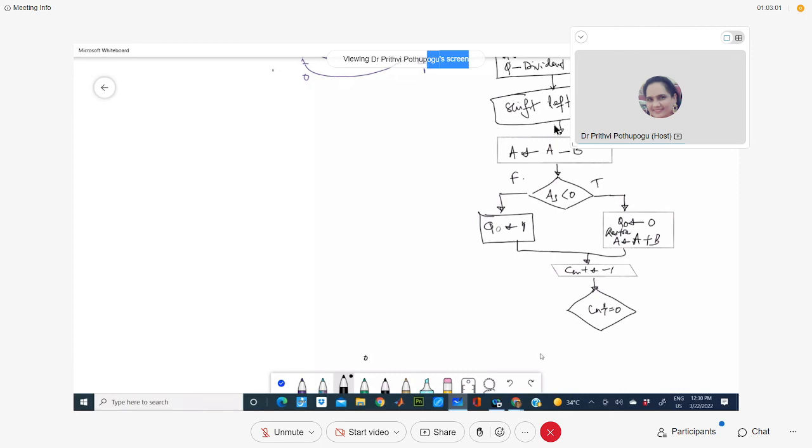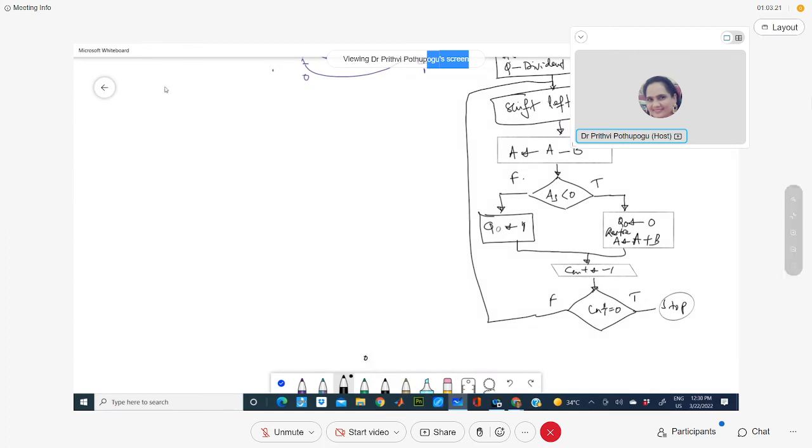If count is 0, if it is true, stop. If it is false, then go back. Where to go back? We need to go back to this point. So these are the needed iterations.